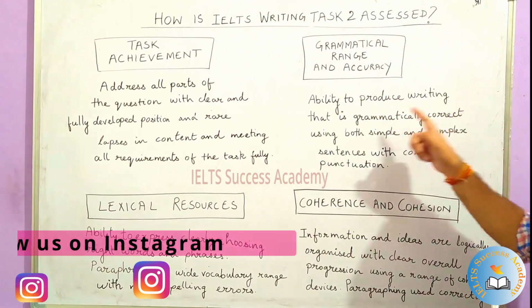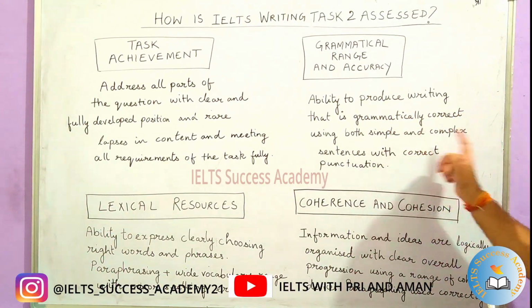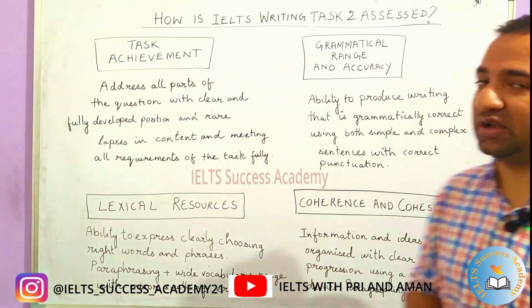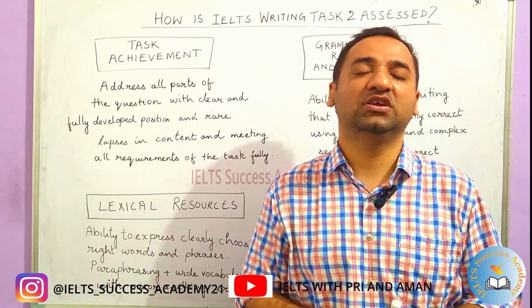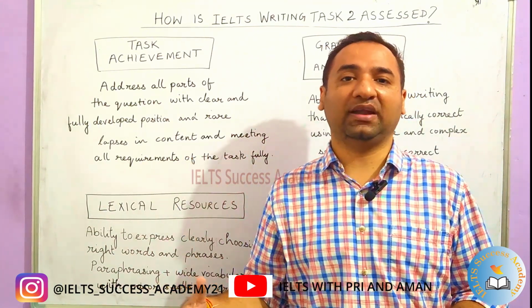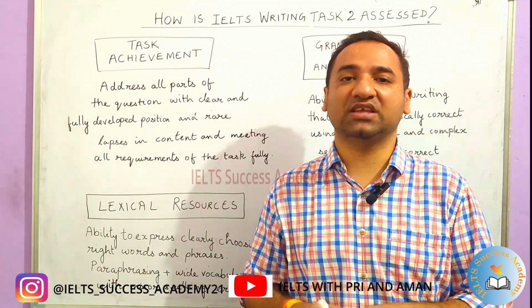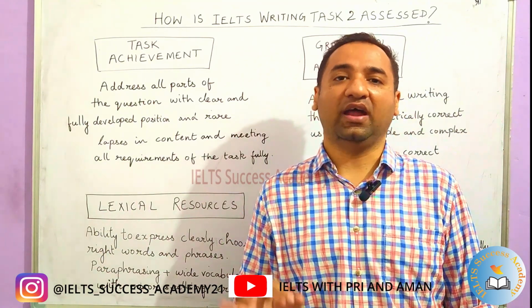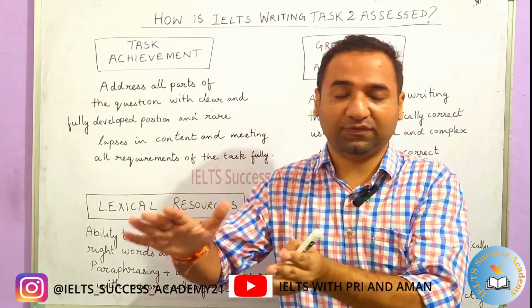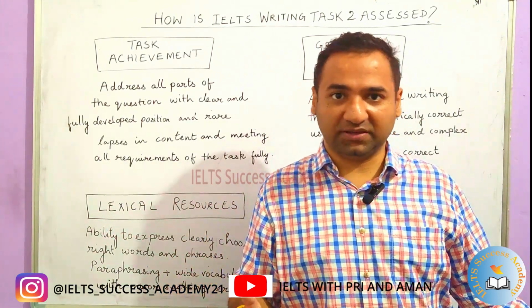It is the ability to produce writing that is grammatically correct, using both simple and complex sentences with correct punctuation marks. Of course, you have to make sure that your grammatical mistakes and spelling mistakes are bare minimum, and also that you use connectors to transition from one statement to another.